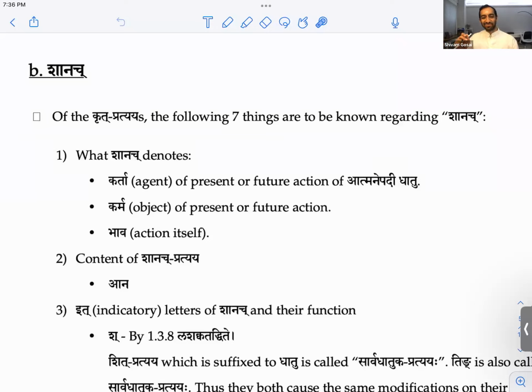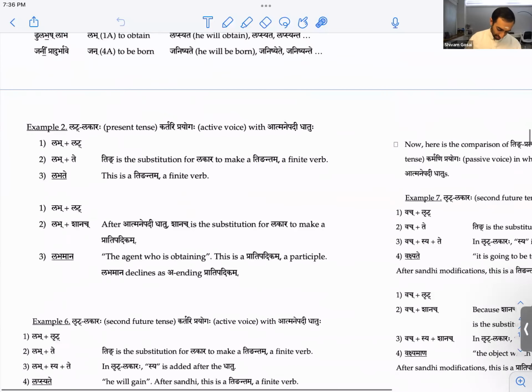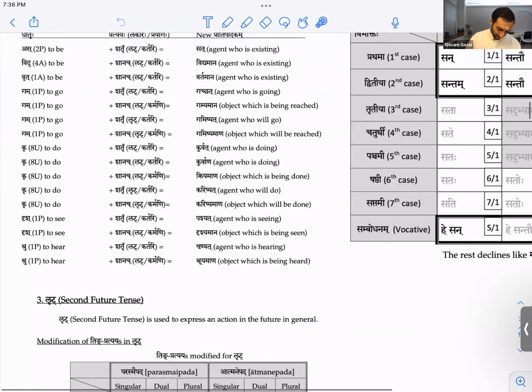Śānac denotes karta, karma, or bhava. It can be any. So it denotes any agent, object, or action.